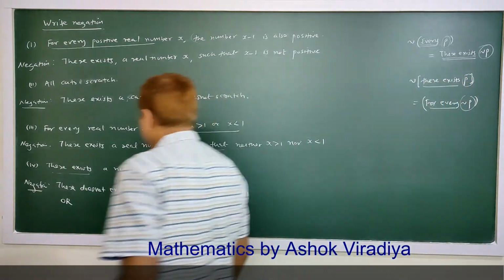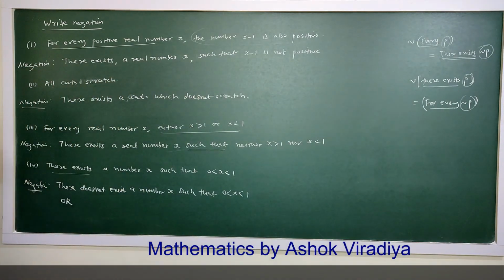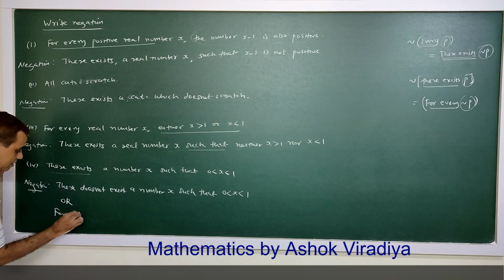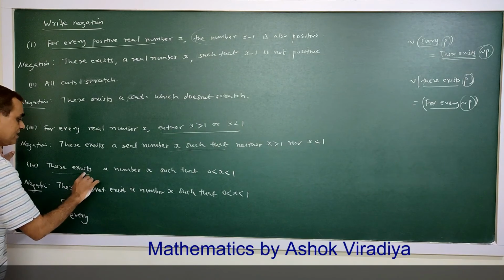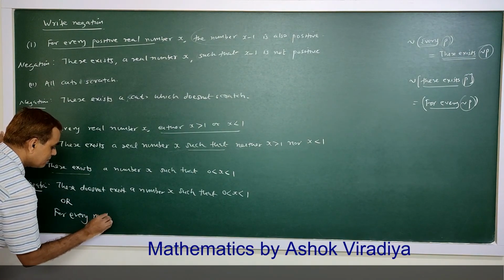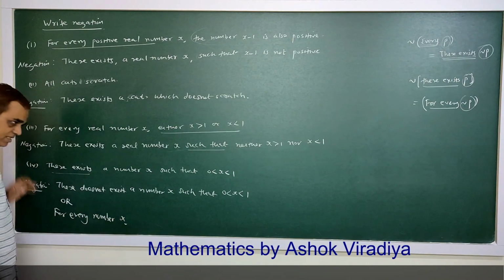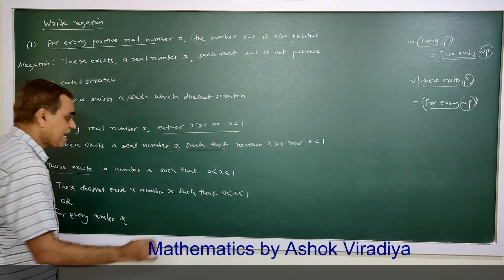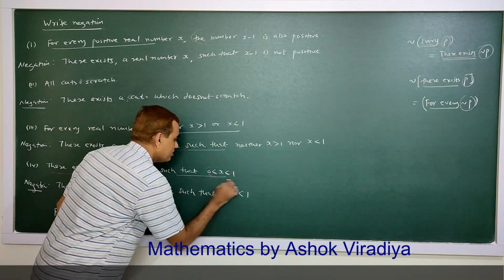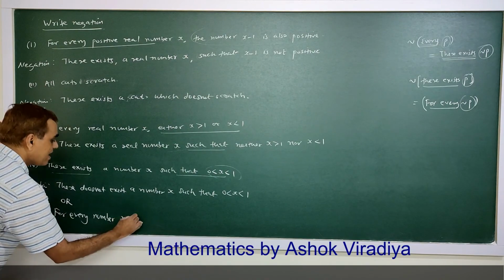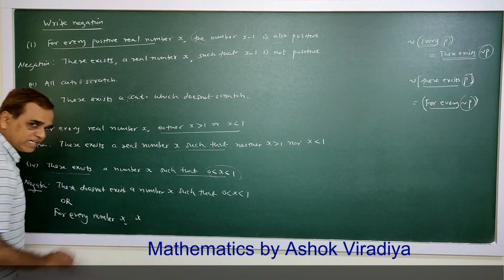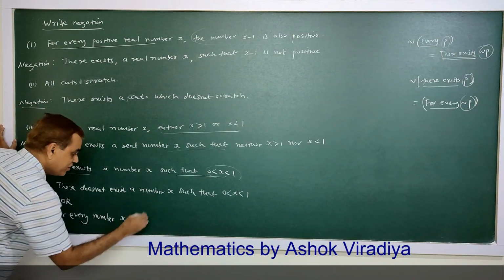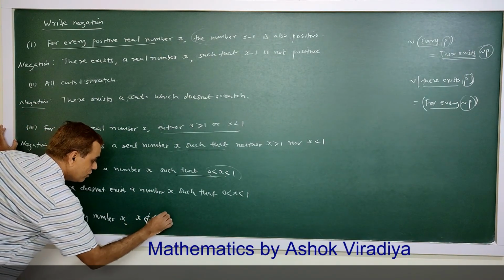So using this property, this negation can also be written as: for every number x, now the negation of this: x lies in the open interval 0 to 1, and its negation is x does not belong to 0 to 1.